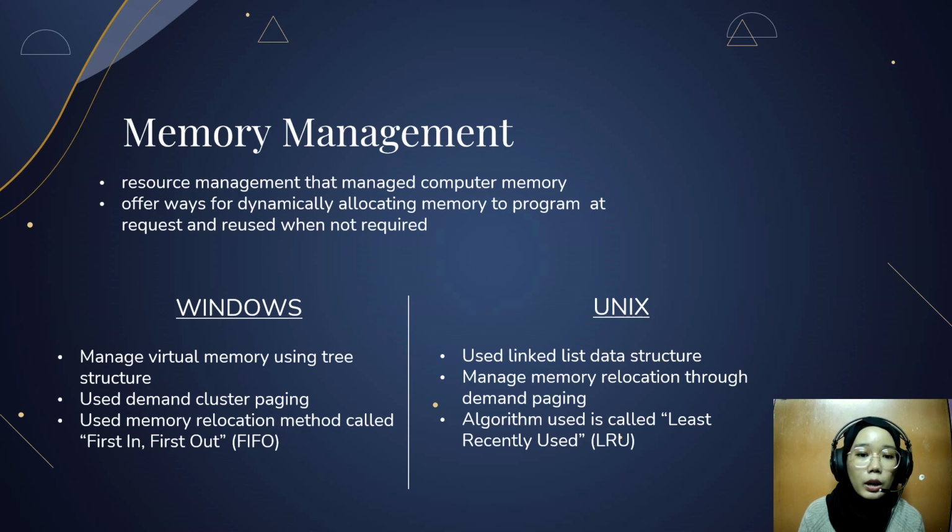Meanwhile, Unix manages memory replacement through demand paging, which prevents any unneeded pages from being swapped into memory. The operating system will be able to avoid reading pages that are not currently in use if this method is utilized. The algorithm used is called the least recently used algorithm.